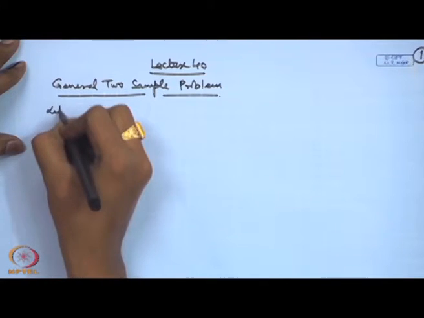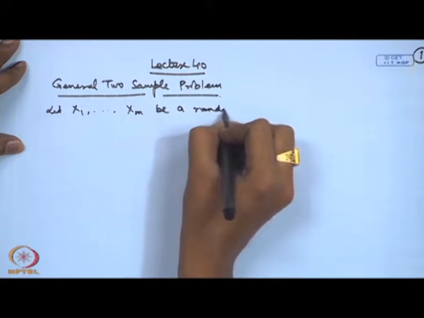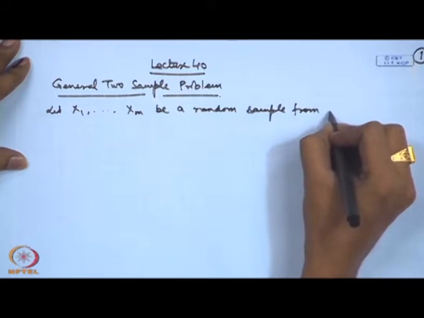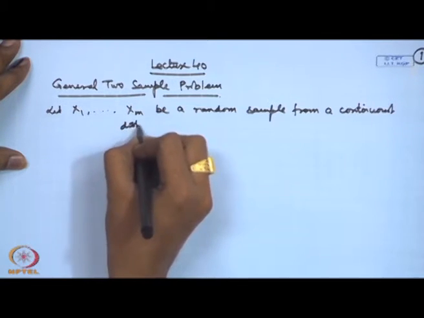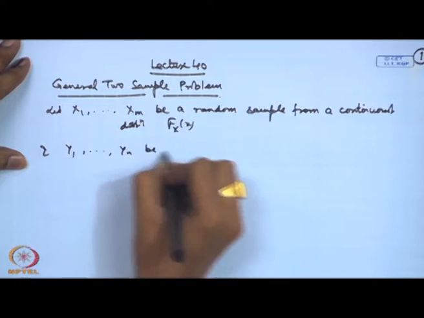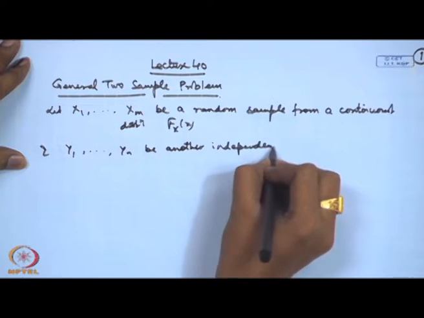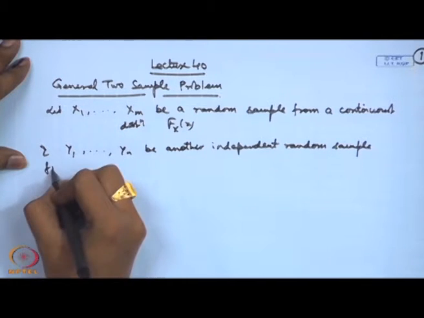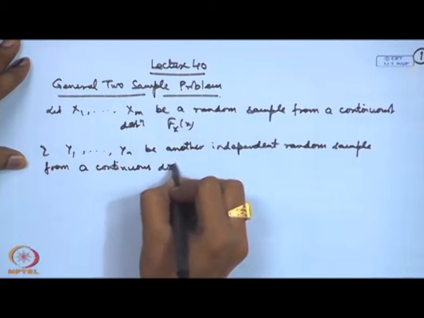Let x1, x2, ..., xm be a random sample from a continuous distribution F(x), and say y1, y2, ..., yn be another independent random sample from a continuous distribution G(y).